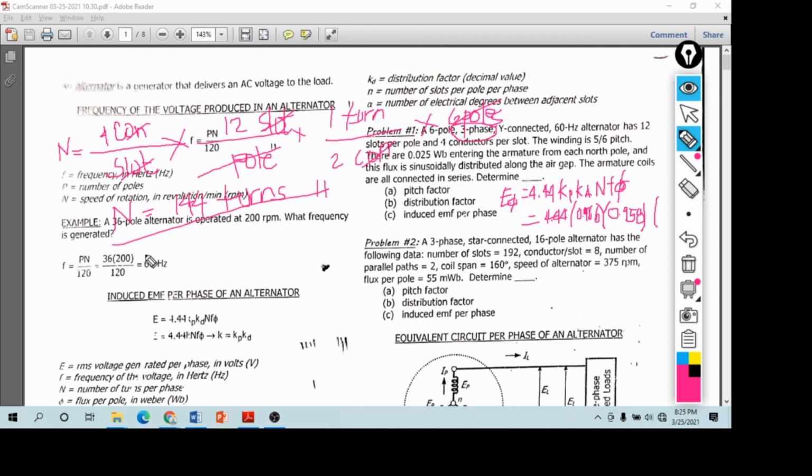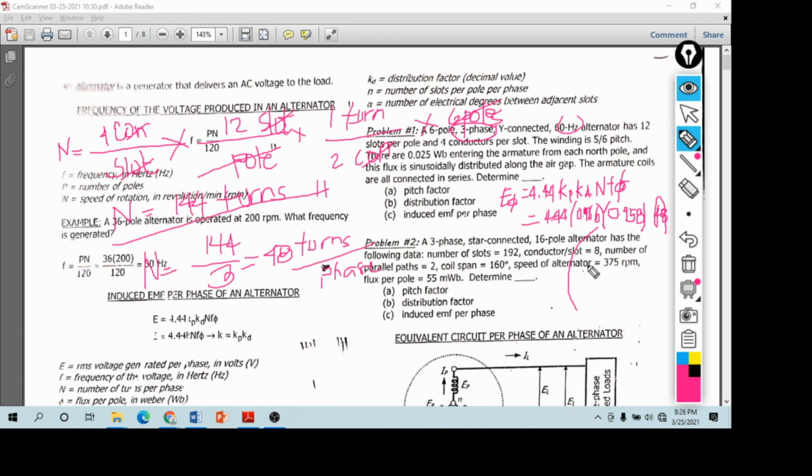So our N will be 144 divided by 3, equal to 48 turns per piece. So 48 is our solution.